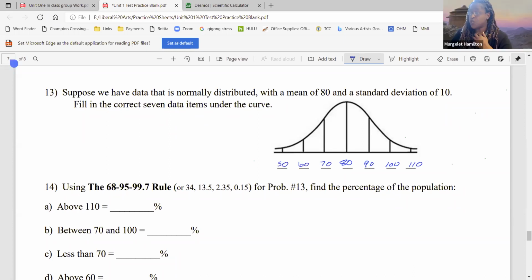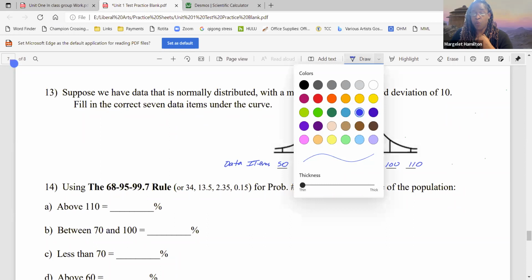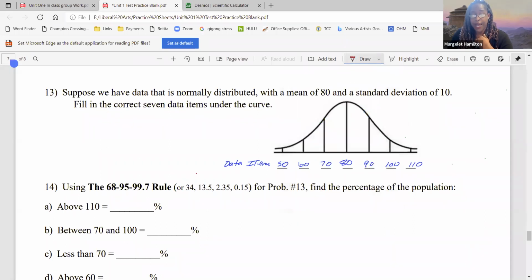Okay. Now, here we see that these are my data items. I'm going to change my color, and while we're here, let's go ahead and put on the Z-scores, because they might ask us about some Z-scores in this question.